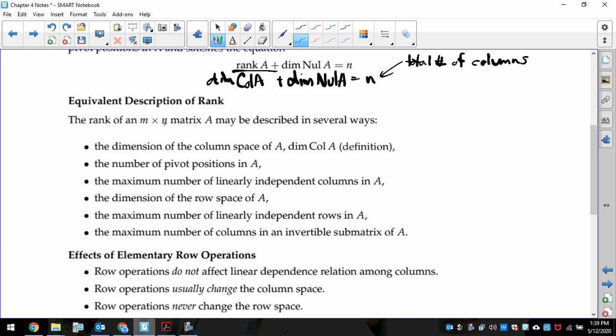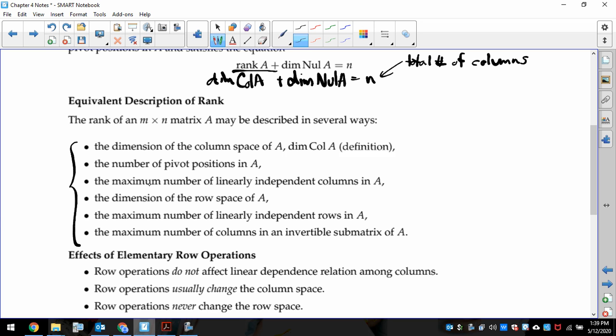So the rank of an n by n matrix A is described in several ways. All of these points are the same thing as saying the rank. The dimension of the column space, that's the definition. The number of pivot positions, the maximum number of linearly independent columns.